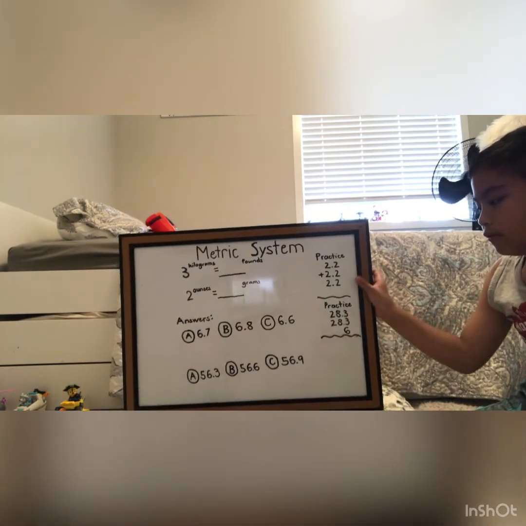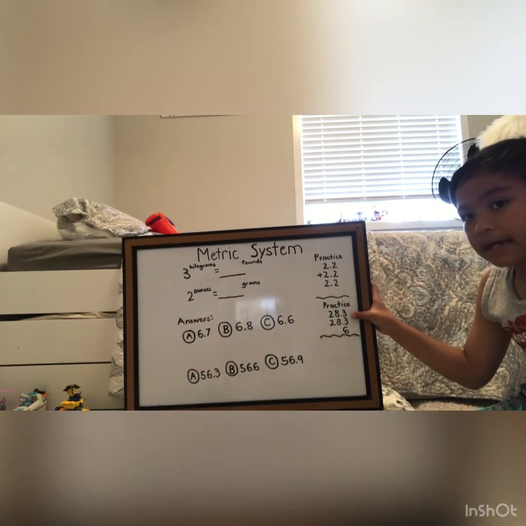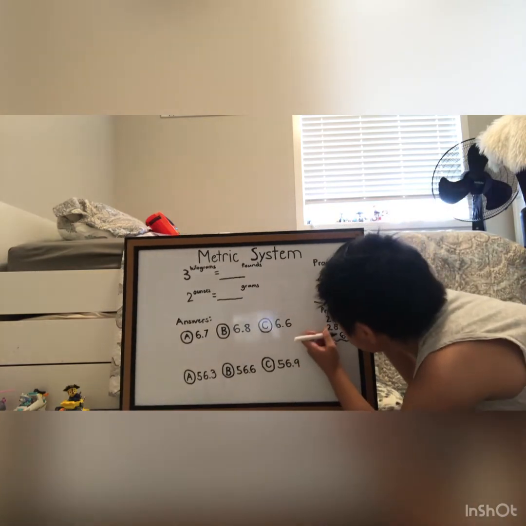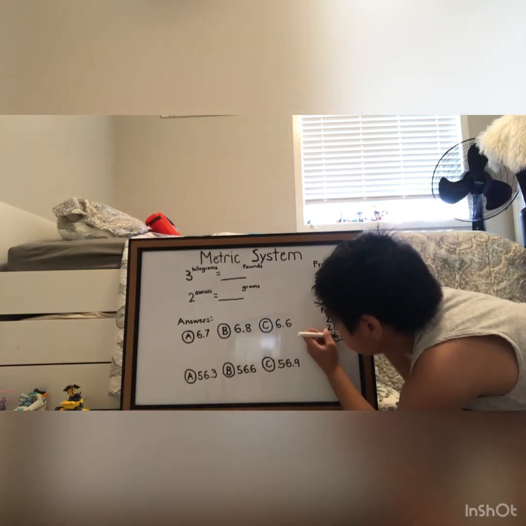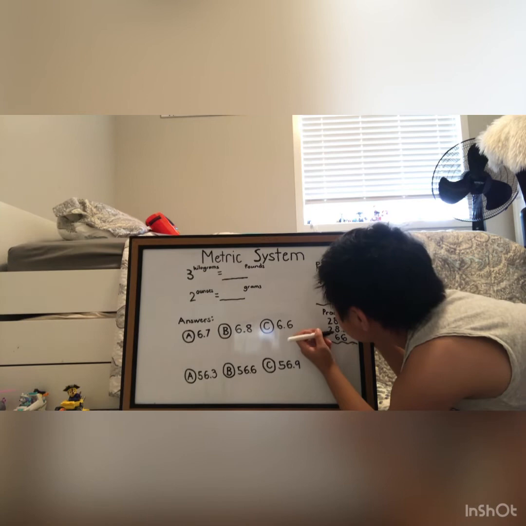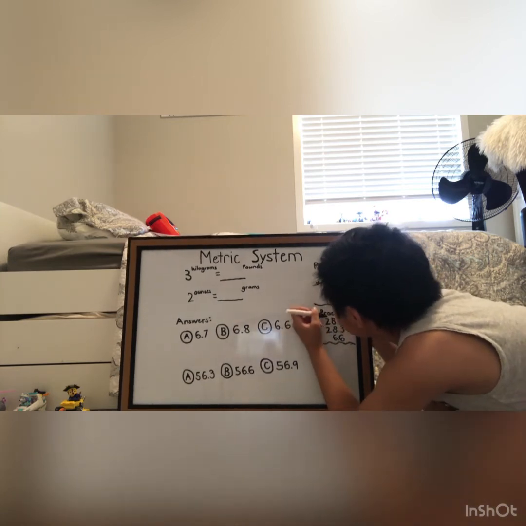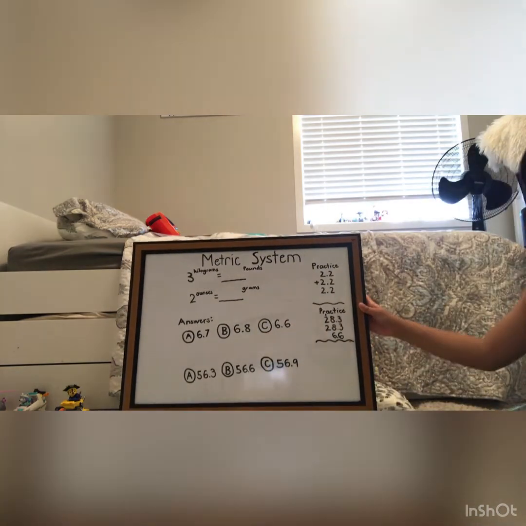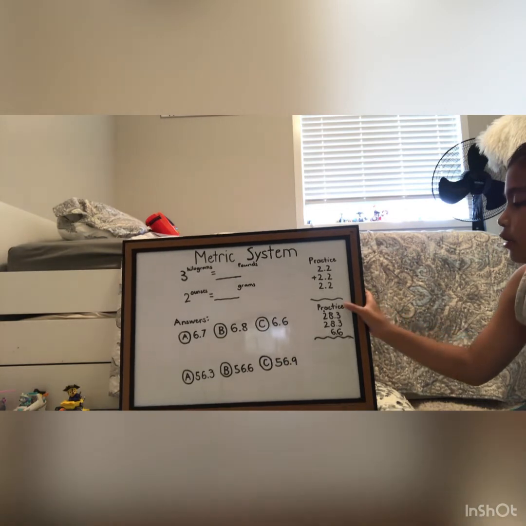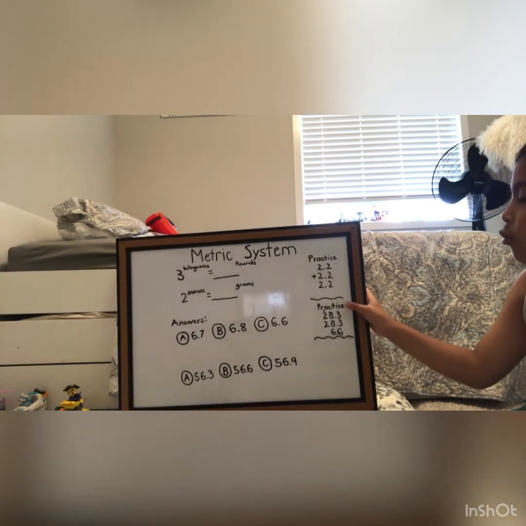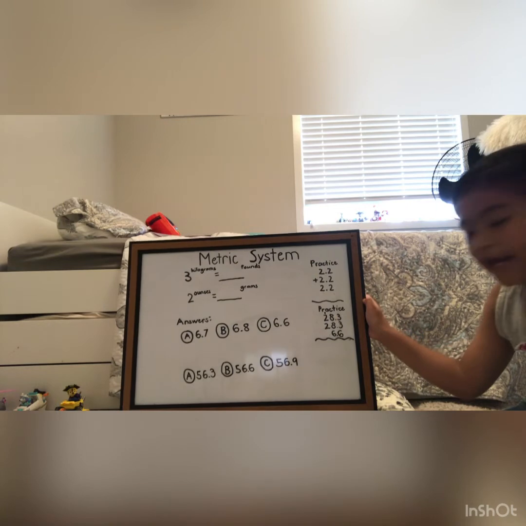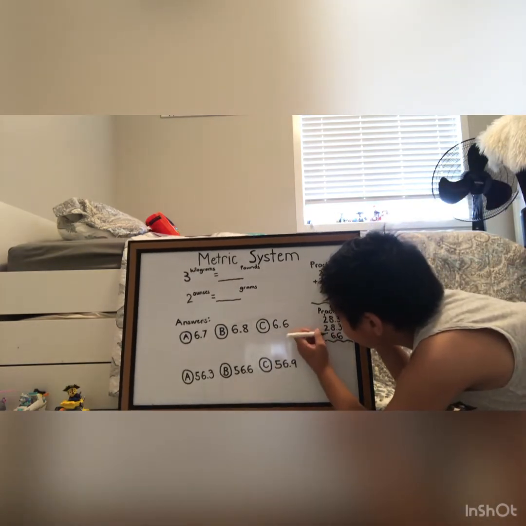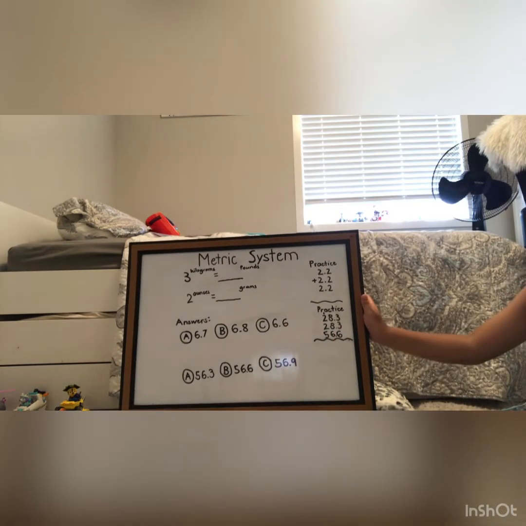Whoa. 8 plus 8 equals 16. So I put a 6 and a 1 on top. 2 plus 2 and the 1 on top equals 5. So I put a 5 right here. You see?